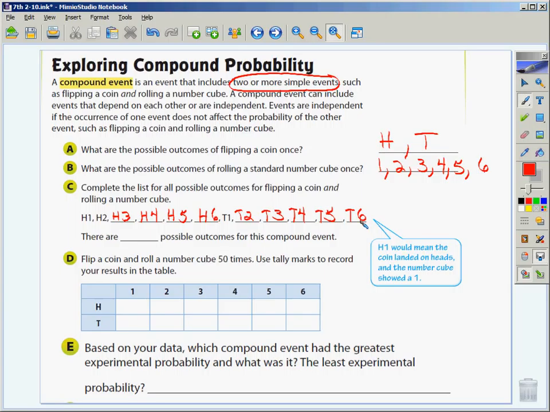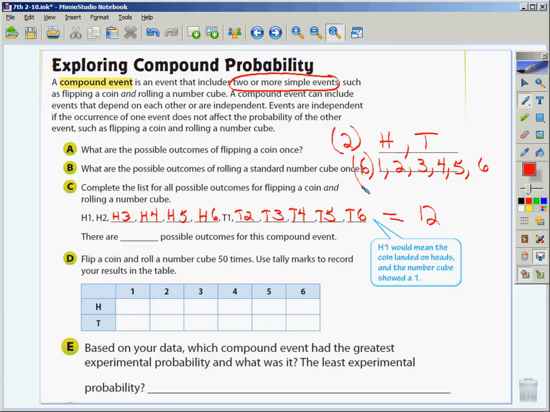I want you to notice something. How many possible outcomes are there now in my list? There's 12 outcomes. How many outcomes were possible with this? 2. How many outcomes were possible here? 6. What did I do with these two numbers to get my list? I multiplied them together.